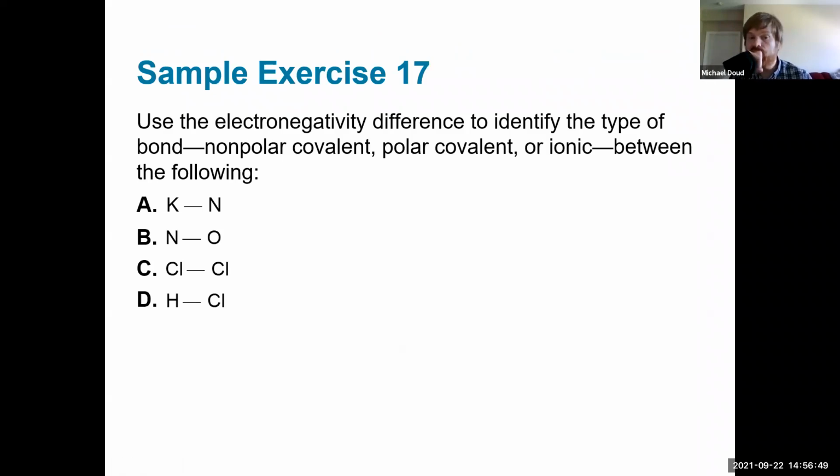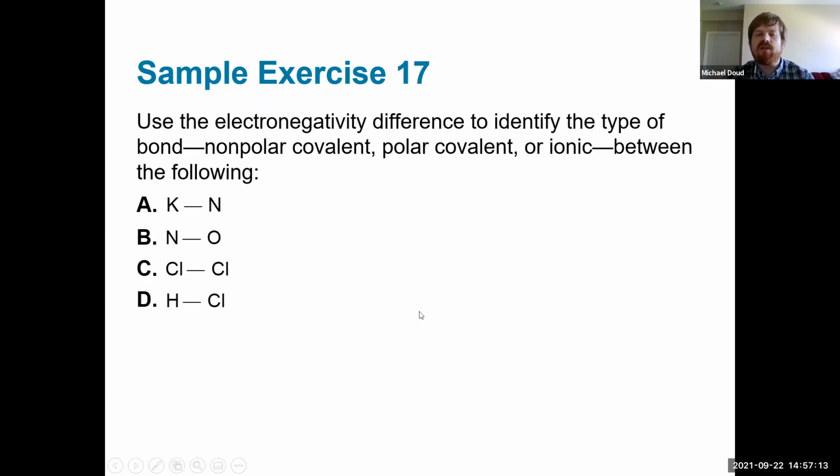Let's go ahead and go to sample exercise number 17. What I want you to do is, using the electronegativity difference from the chart in your book or previously in this lecture, identify the type of bond, whether it's nonpolar covalent, polar covalent, or ionic, between the following atoms. You've got potassium nitrogen, nitrogen oxygen, chlorine chlorine, and hydrogen chlorine.